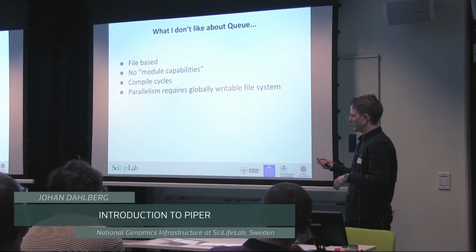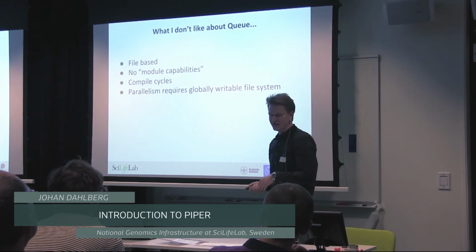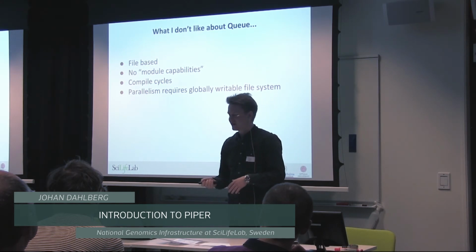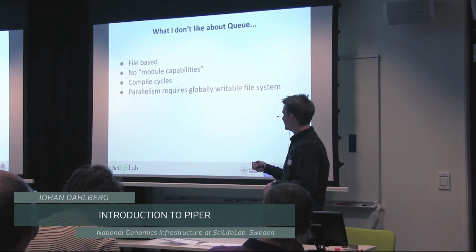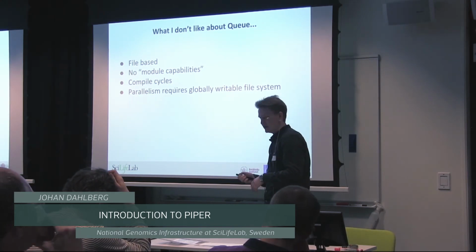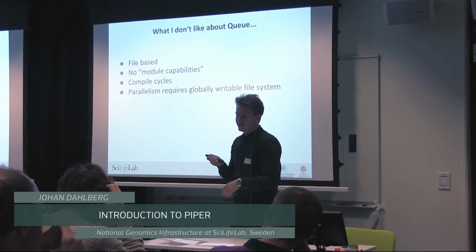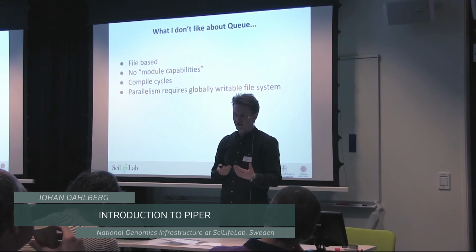Well, this is also a compiled language, so you have to wait for compile cycles. And the Scala compiler is still notoriously slow. This can be annoying. And to utilize these parallelisms using, for example, the DRMAA job runner, you have to have a globally accessible file system and do everything over the network.